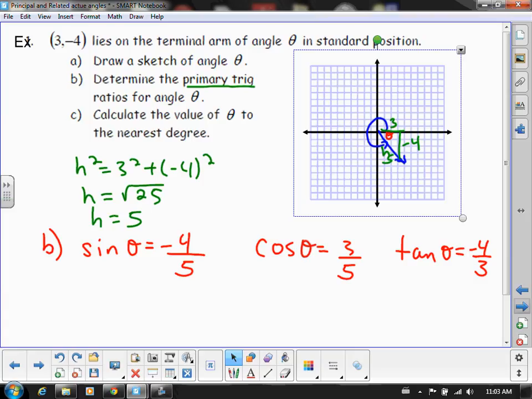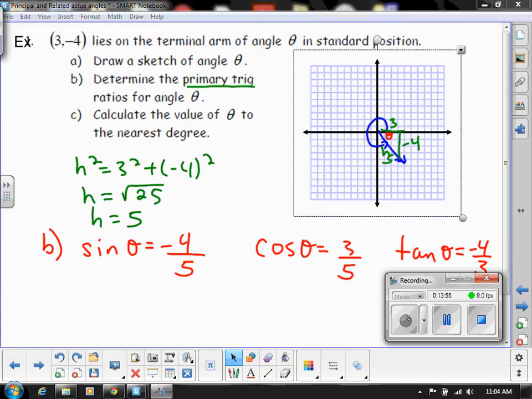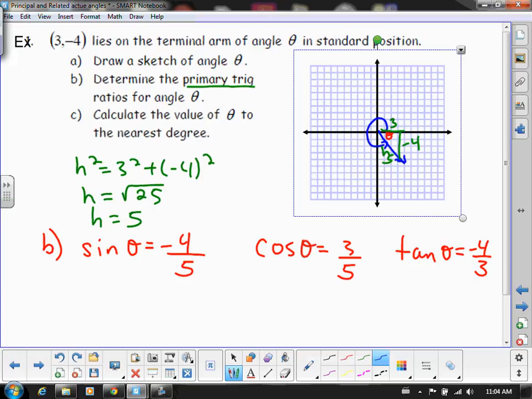In part C, you're being asked to figure out the value of theta to the nearest degree. So if you take your calculator and you do theta equals the sine inverse of negative 4 over 5, you're going to end up with a value that's about negative 53 degrees.